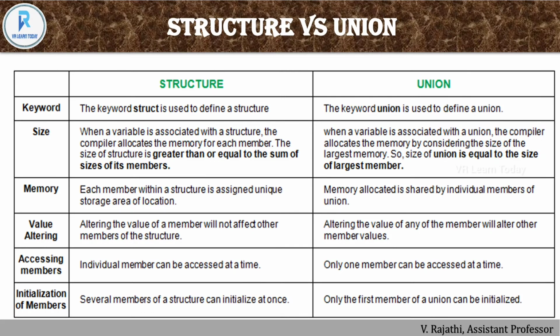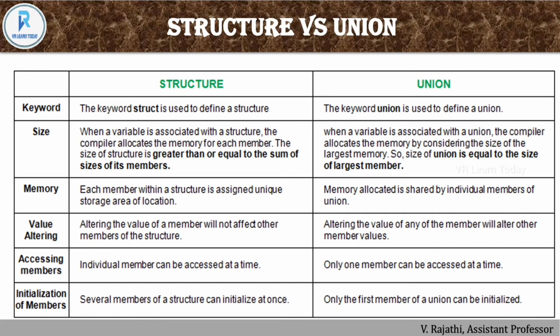If you declare a float and a character array of 20 bytes, which is the largest? 20. So the 20 bytes will be shared with the other data types. So the union size is equal to the size of the largest member.